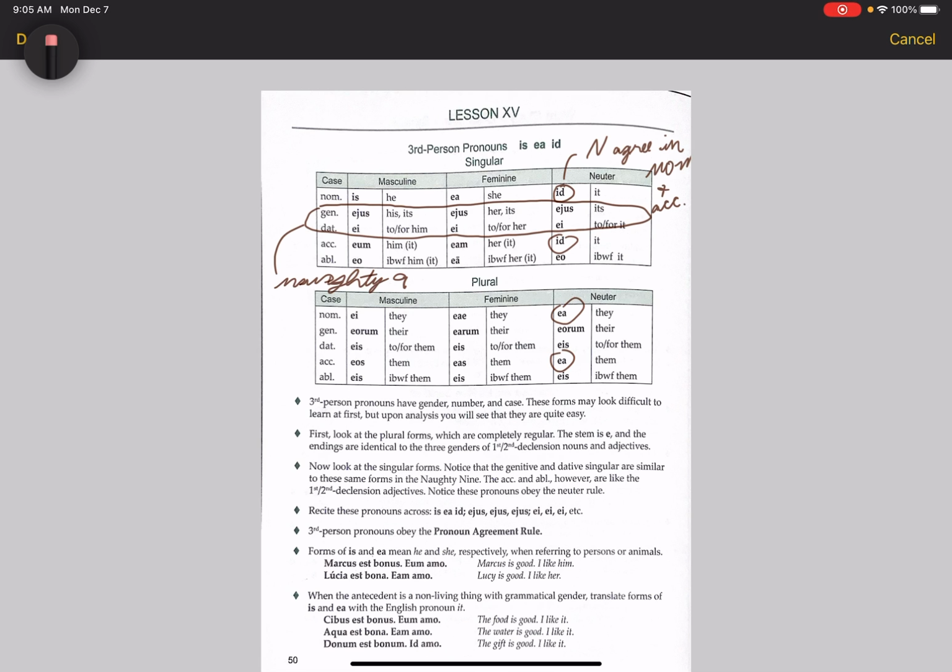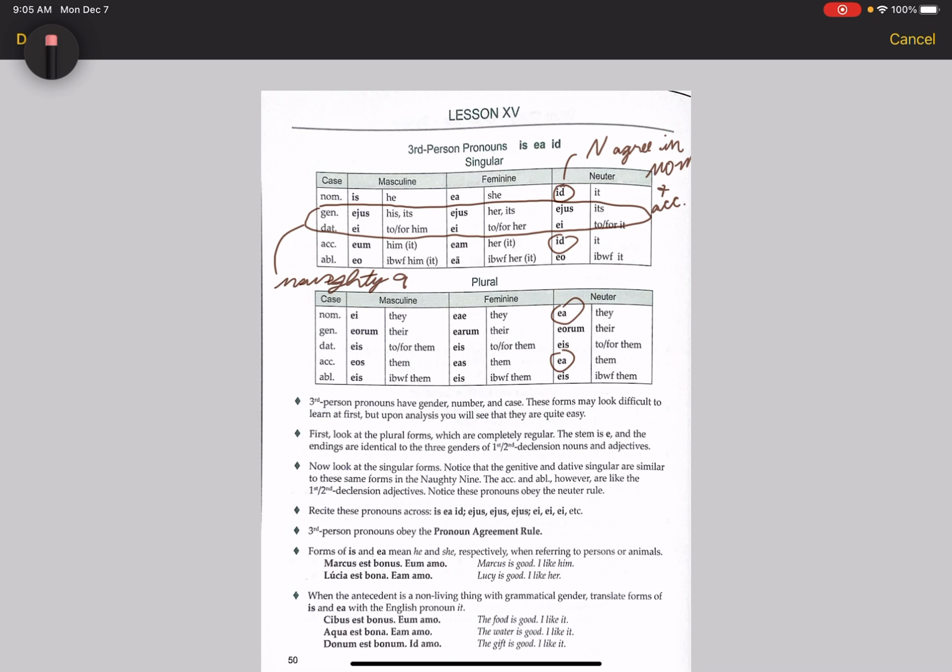At the singular forms, notice that the genitive and the dative singular are similar to these same forms in the Naughty Nine, like we said, but the accusative and the ablative are like the first and second declension adjectives. Notice that these pronouns obey the neuter rule, as I mentioned.